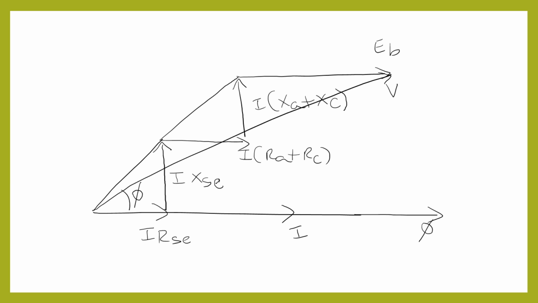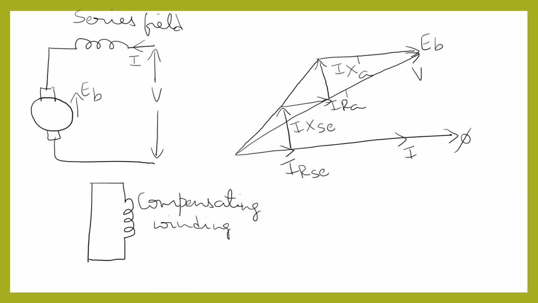Next we'll see the AC series motor having a compensating winding which is short circuited on itself. So this looks like a short circuited secondary of a transformer, and it will greatly reduce the effect of the armature reactance.